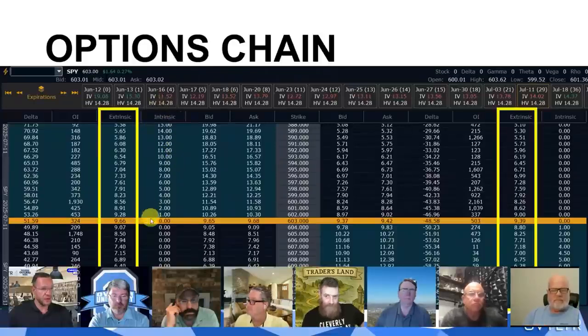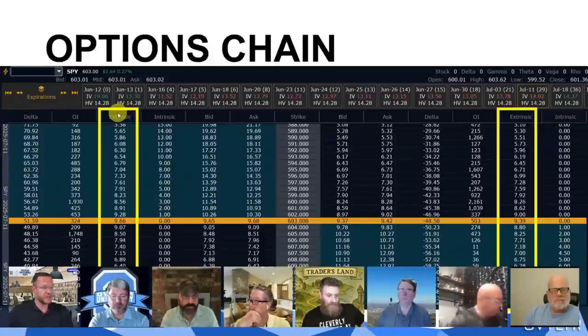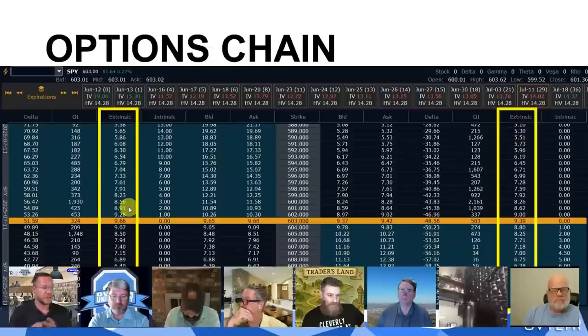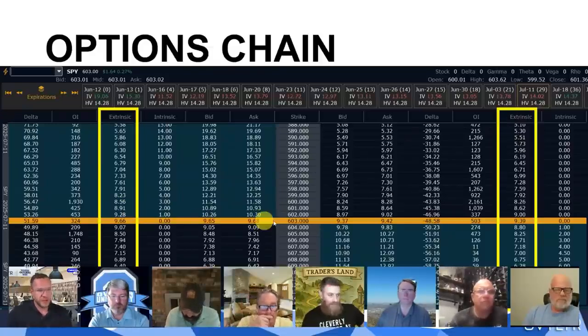This number right here is the number we are trying to maximize on every trade. Every time you trade an option and you're trying for it to go up in value, you're trying to maximize the intrinsic value. Now, what is extrinsic? Extrinsic is the uncertainty value because there's time associated with this, right? At the time that I took this screenshot, there were 29 days until expiration.